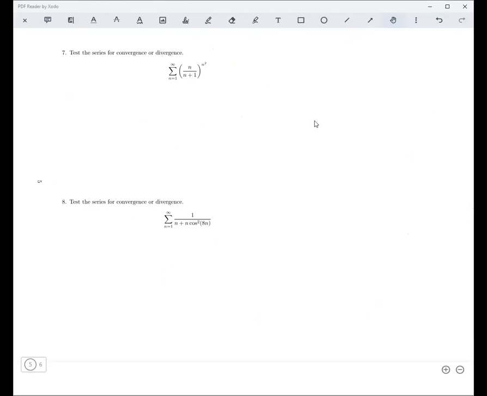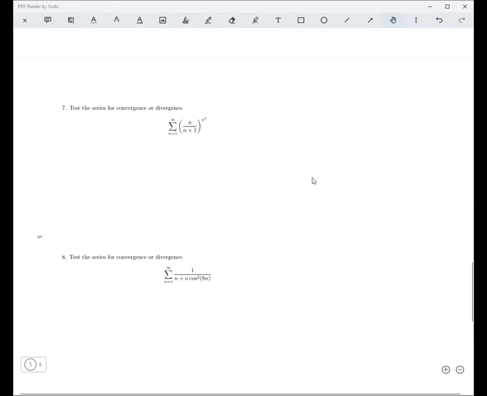Now finally, there's at least one test that we didn't use yet, but we can use it here. The root test. So let's apply the root test here.